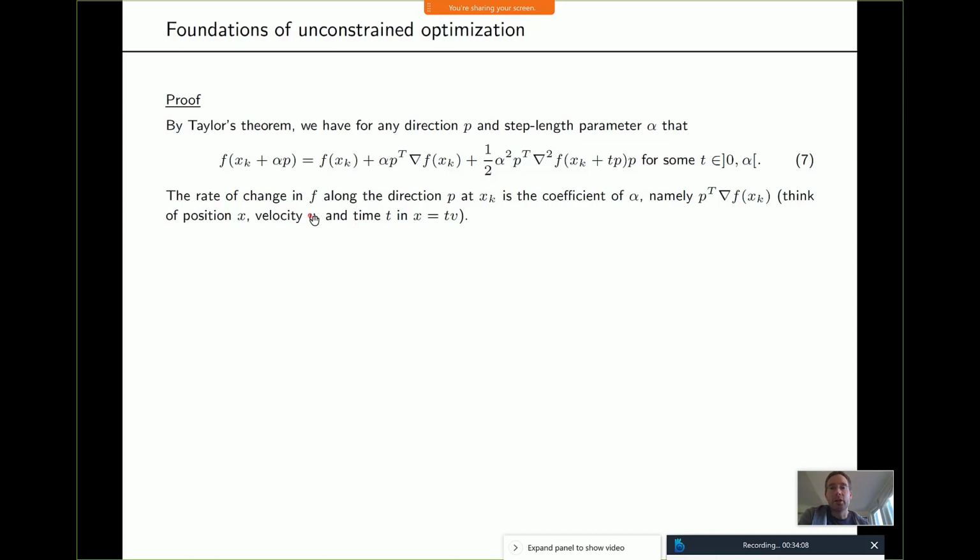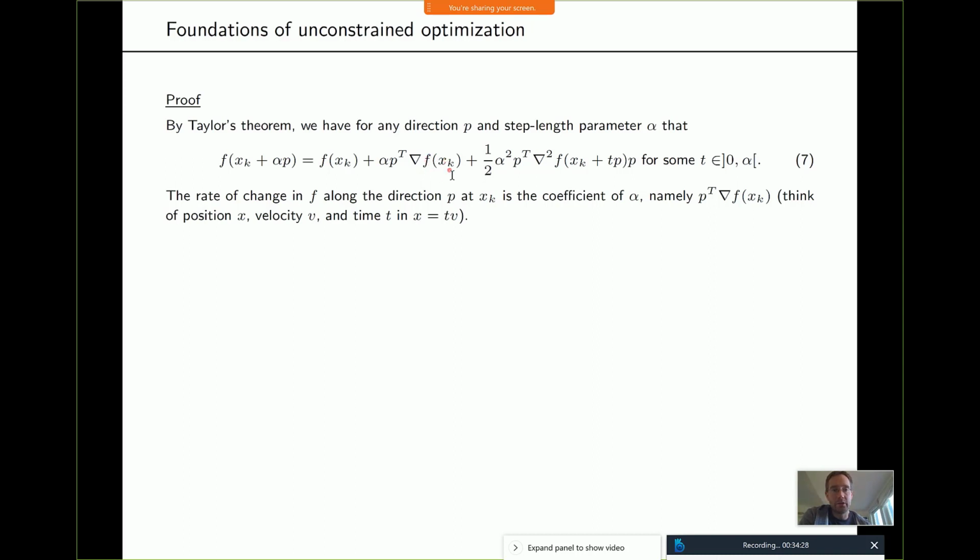The rate of change in f along the direction p is the coefficient of alpha here. And this coefficient of alpha is this expression, namely the product of the step direction and the gradient of f at location xk.